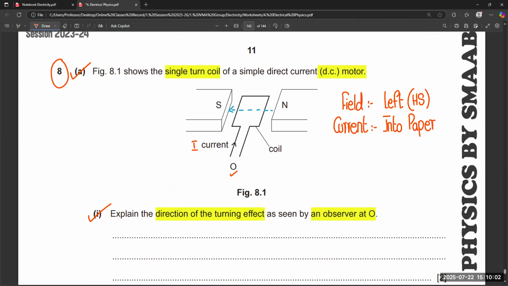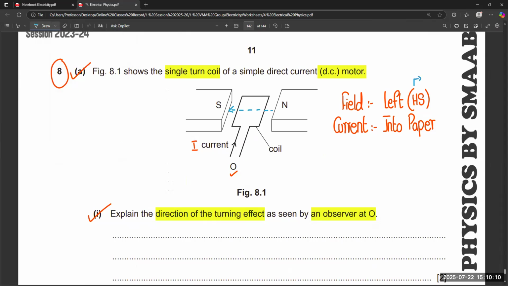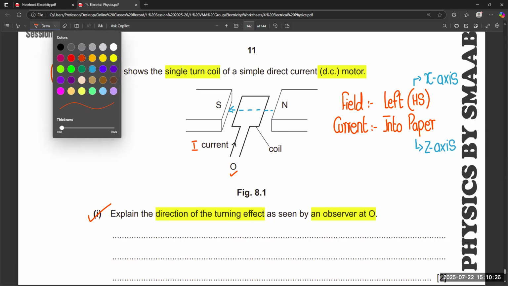And as we discussed, all three quantities are mutually perpendicular. So basically, if you mark axes, the field is on the x-axis, and current is on the z-axis, because into the paper and out of the paper is the third axis in the diagram.